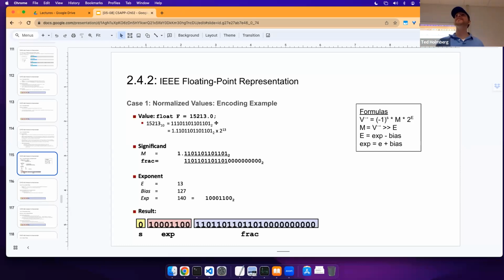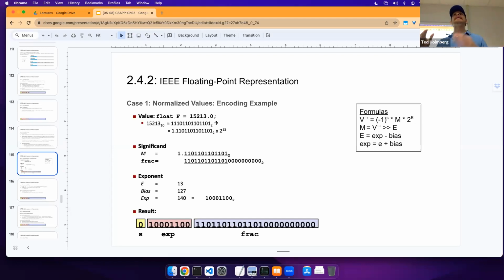Is everyone familiar with scientific notation? This is a similar concept. I'm going to try to get one value to the left of my floating point number, because I don't want to encode too many values there. I have way more encoding space in the fractional field.